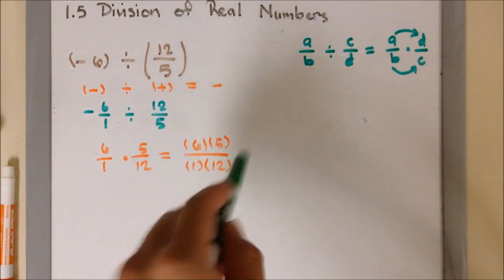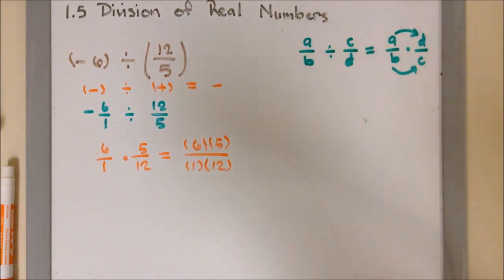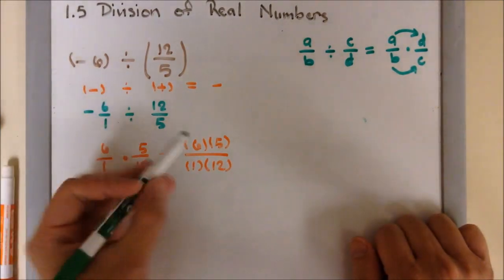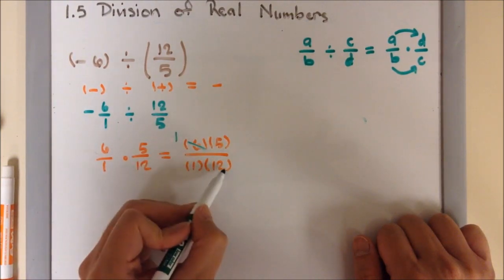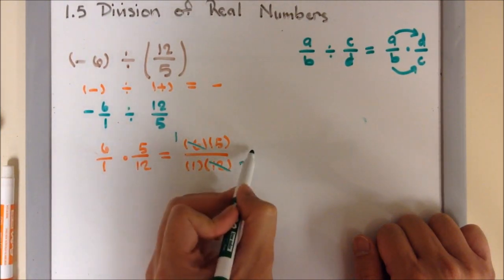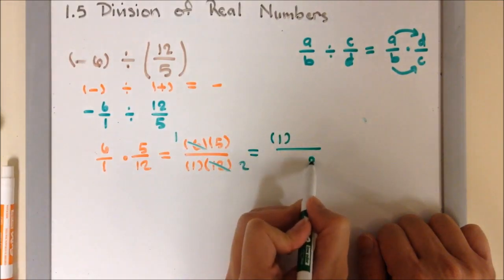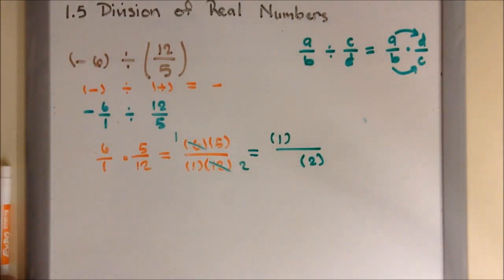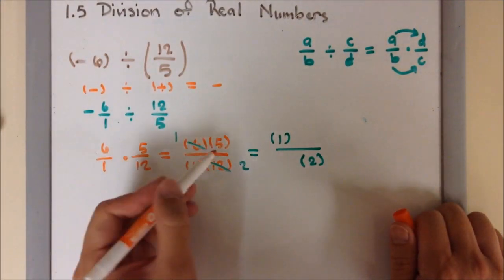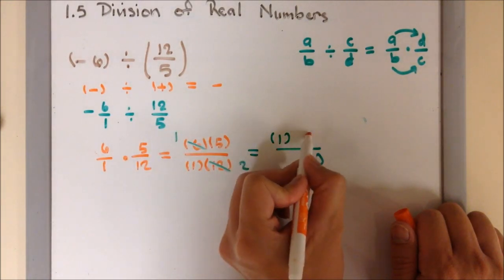Anything in common between numerator and denominator, which there is, 6 and 12. Both of them can be divided by 6. So in my top, 6 divided by 6 is 1. 12 divided by 6 is 2. So 1 right here and 2 right here. Everything else, there's nothing in common between 5, 1, 1, and 2, so they all stay the same.